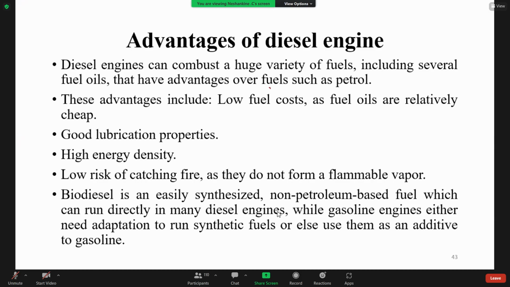Then high energy density compared to other methods. Then low risk of fire. If we use petrol, it may catch fire, but with diesel, we can reduce that effect. Then biodiesel is also easily synthesized, so we can use it for this diesel engine. These are some advantages of the diesel engine.